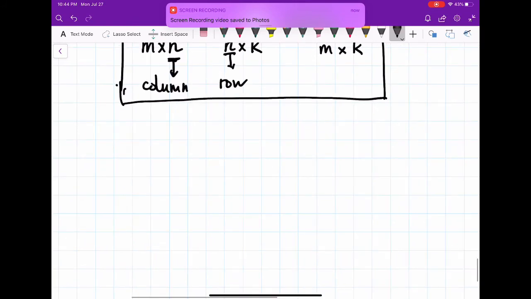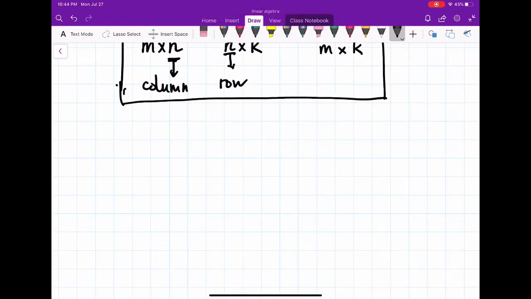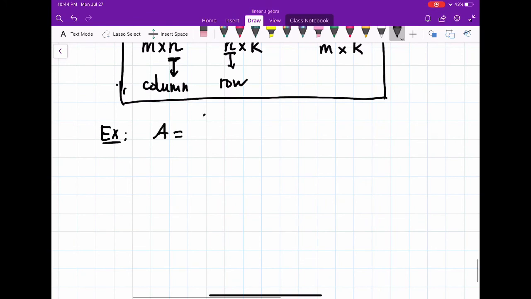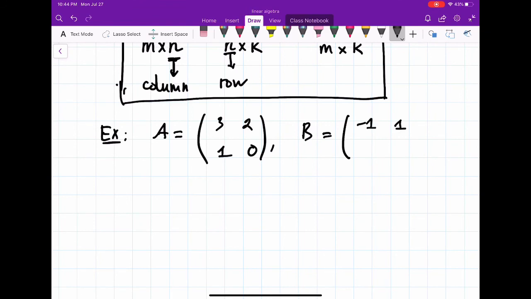Let's do one more example with matrix multiplication. Let's say A equal to 3, 2, 1, 0. And B is -1, 1, 2, and 0. So this is 2 by 2. This is also 2 by 2.